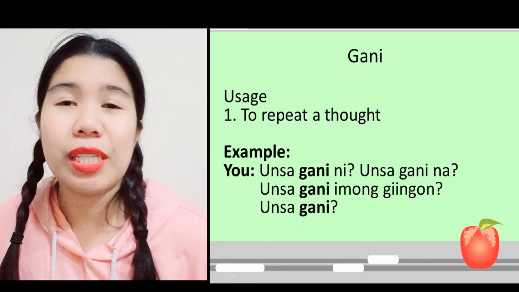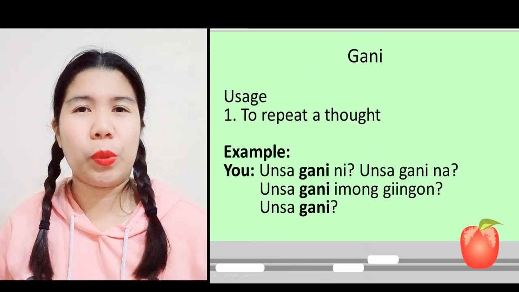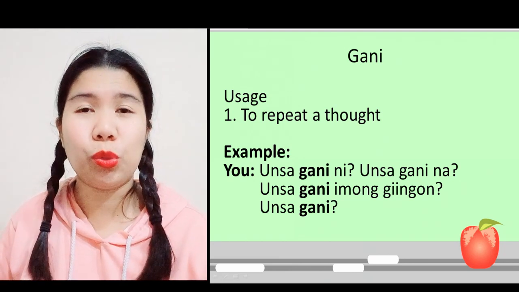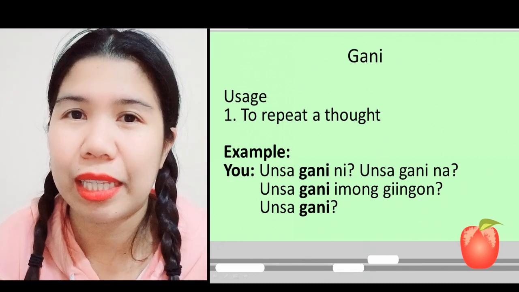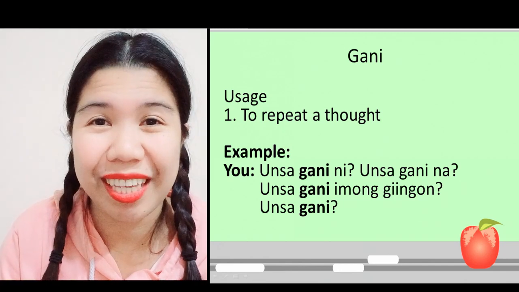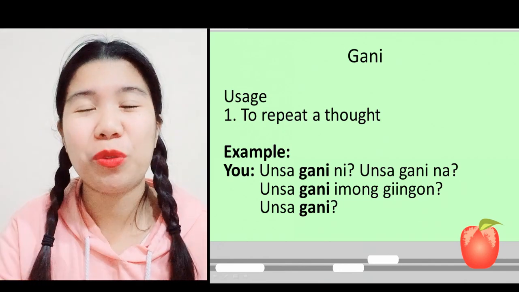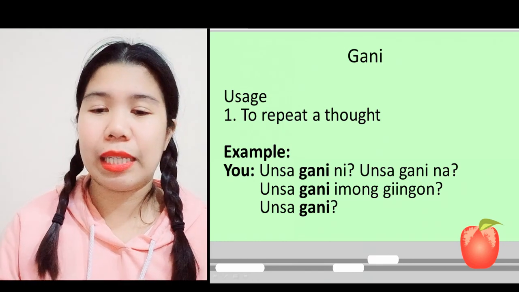Or you could just simply say unsa gani? Okay, so it's simpler, but it's understood that someone should repeat what they have said because you didn't get it. Okay, so when should you use gani? If you want somebody to repeat something, just add gani to your sentences.